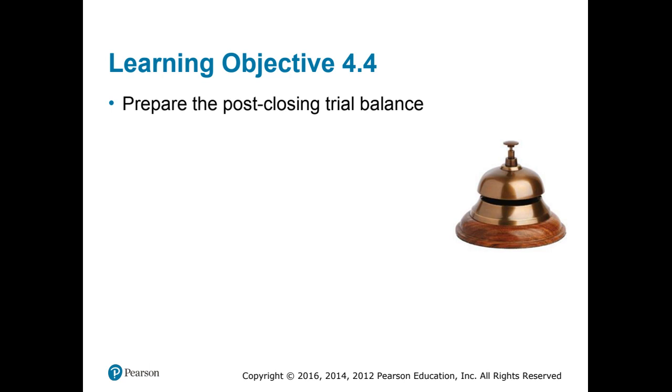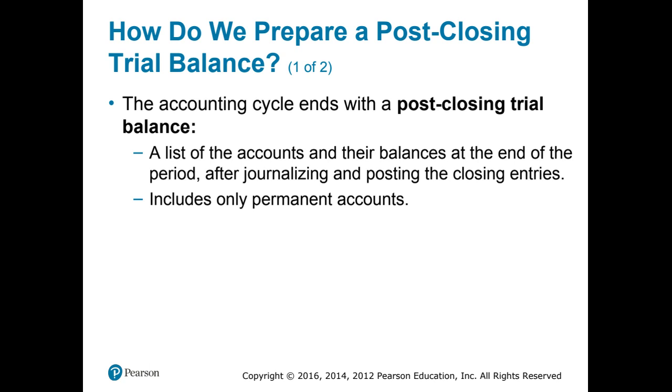Prepare post-closing trial balance. The accounting cycle ends with a post-closing trial balance, which is a list of the accounts and their balances at the end of the period. After journalizing and posting the closing entries, it includes only your permanent accounts.